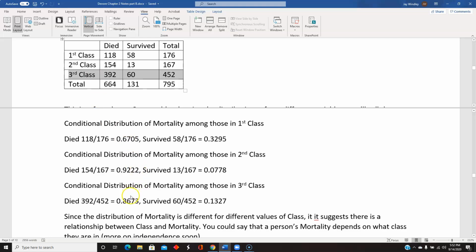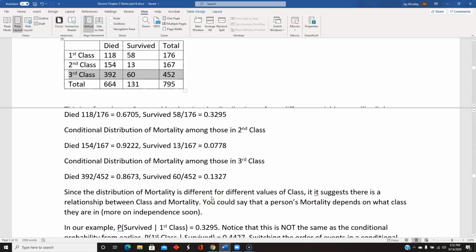And once again, the percentages of passengers who died and survived is different when you look at first class as compared to when you look at second class as compared to when you look at third class. So again, this is suggesting that there's a relationship between class and mortality.